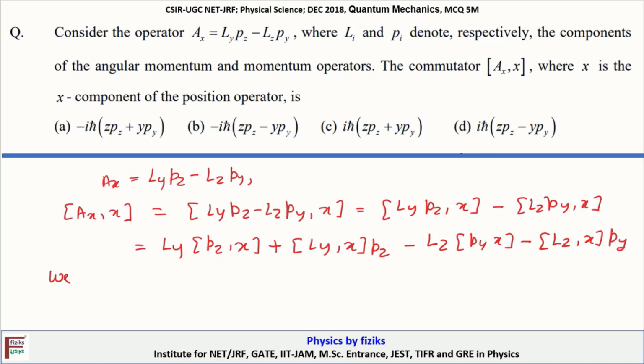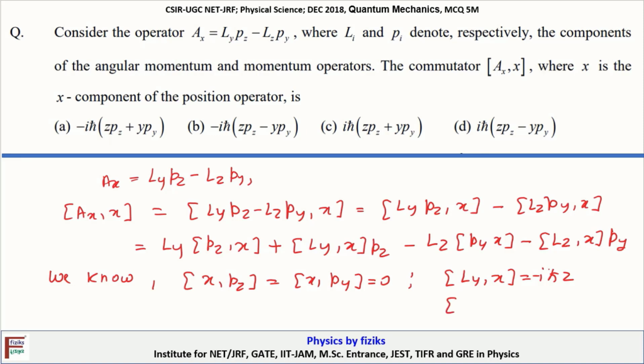We know that X with Pz and X with Py is equal to 0. Ly X is equal to minus i h cross z and Lz X is equal to i h cross y.